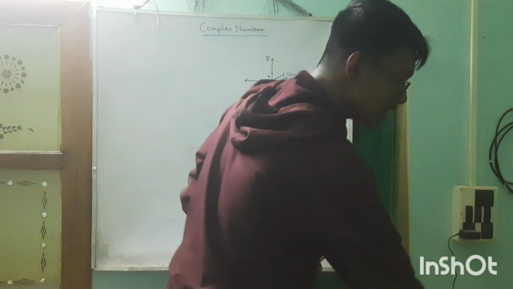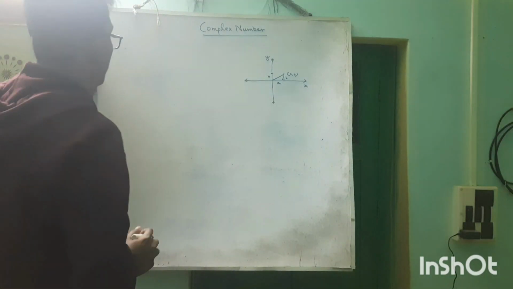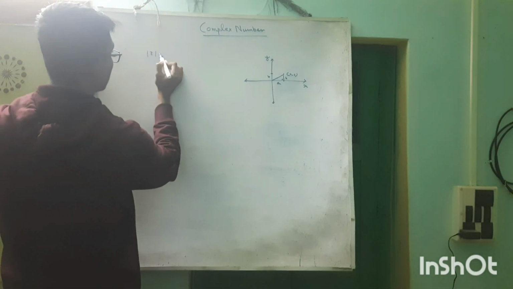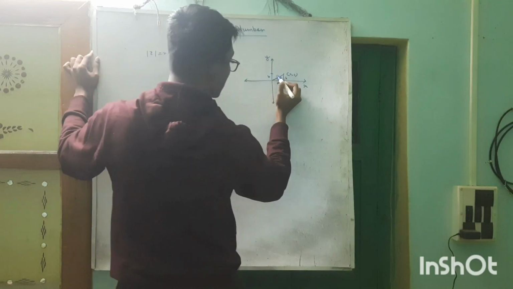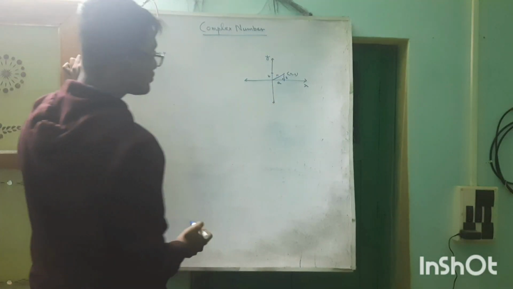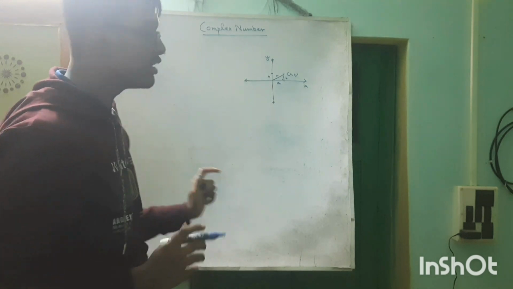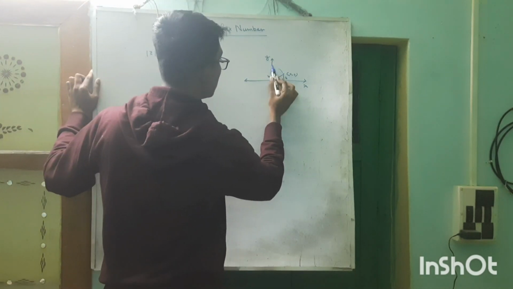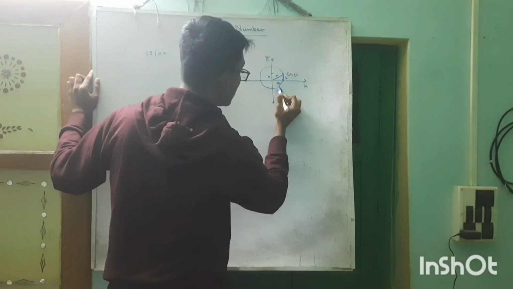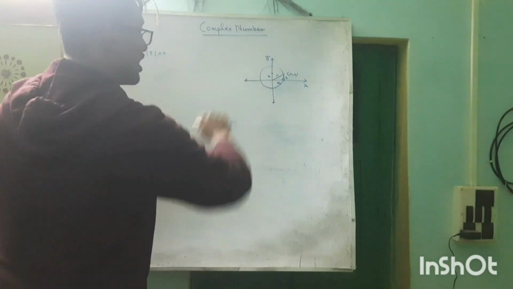See one thing, if the modulus of a complex number is r, mod z is equal to r. Okay. So all the complex numbers whose modulus is r are present on that circle. The radius of the circle is r.